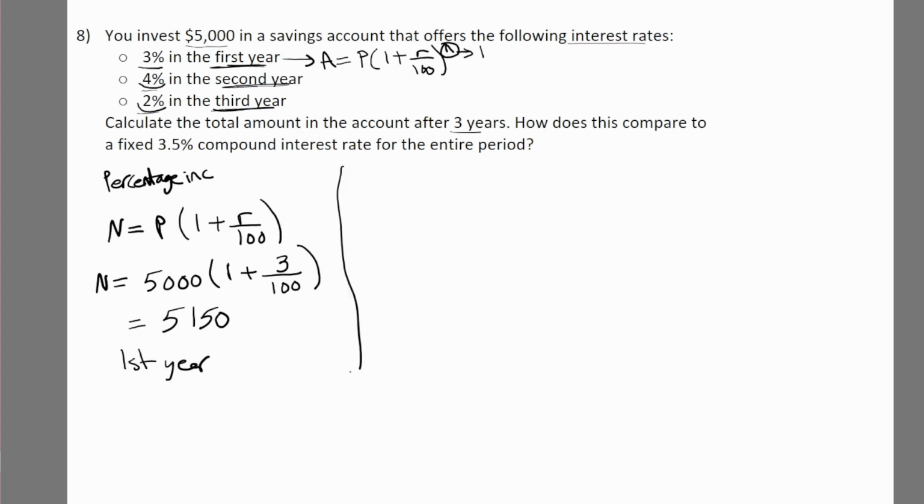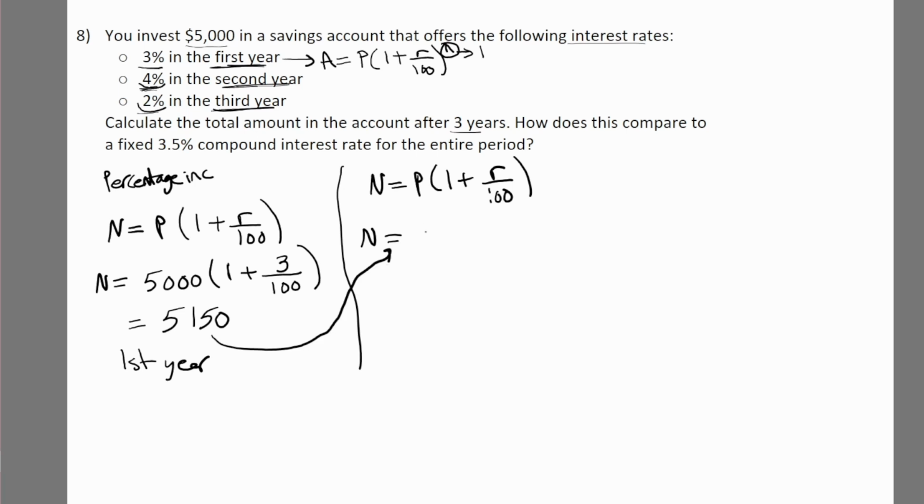Now, if we go into the second year, we will be increasing by 4%. So again, we're going to use the same rule. New is equal to principal multiplied by 1 plus r over 100. However, what's going to be different here is that the principal amount will be the final amount from the first year.